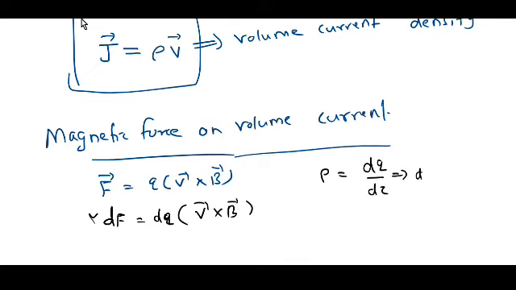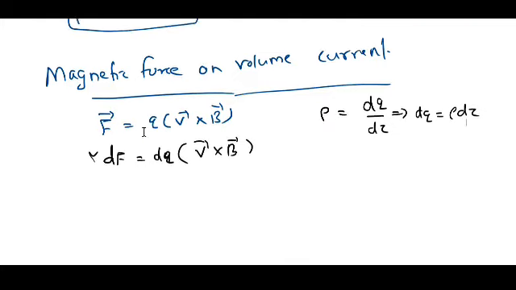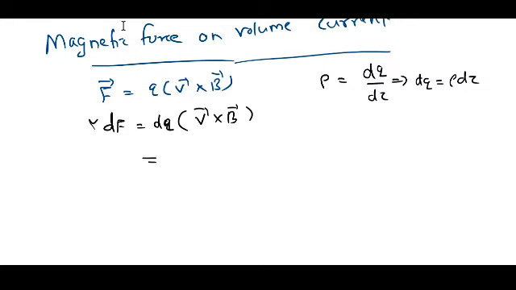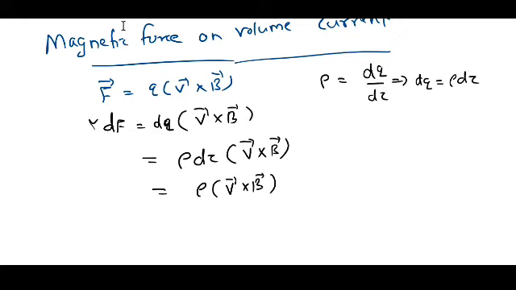Then we replace dQ with rho d tau. This is equal to rho d tau into V cross B, which is rho V cross B into d tau.